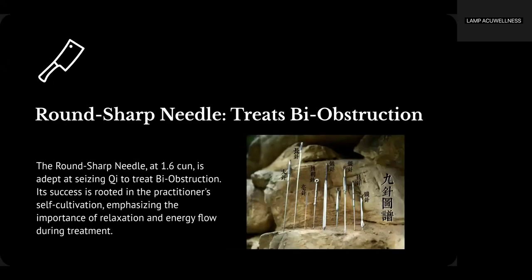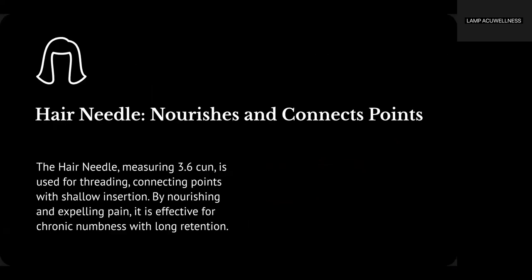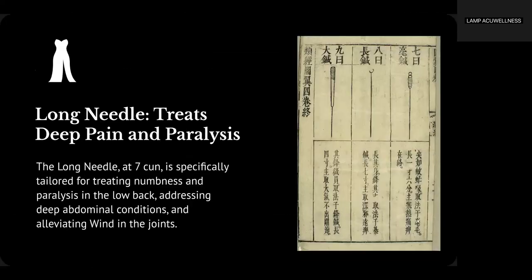The round sharp needle at 1.6 tun is adept at seizing qi to treat bi obstruction. Its success is rooted in the practitioner's self-cultivation, emphasizing the importance of relaxation and energy flow during treatment. The hair needle, measuring 3.6 tun, is used for threading, connecting points with shallow insertion. By nourishing and expelling pain, it is effective for chronic numbness with long retention.